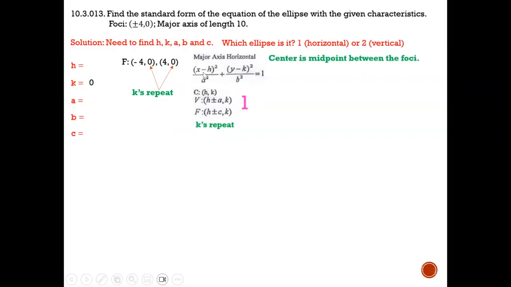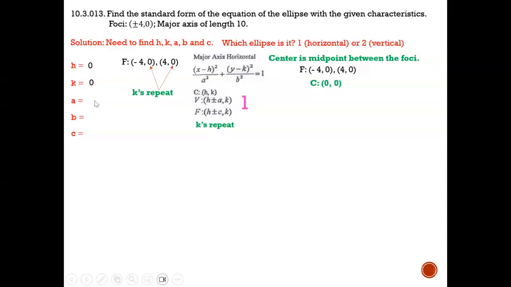Now, you guys remember that the center is the midpoint between the two foci. Between negative 4, 0 and 4, 0, the midpoint will be 0, 0. That's the origin, because from negative 4 to 4 is 8, so either we add 4 or subtract 4, and it'll give us 0.